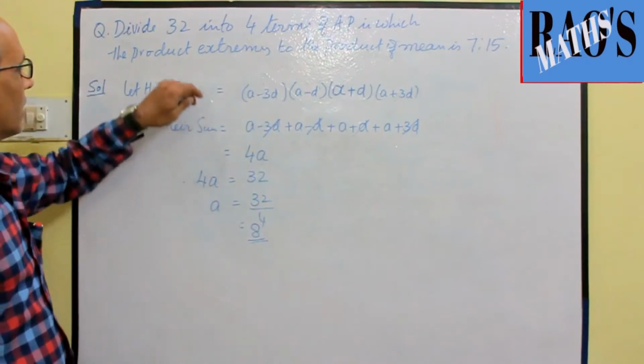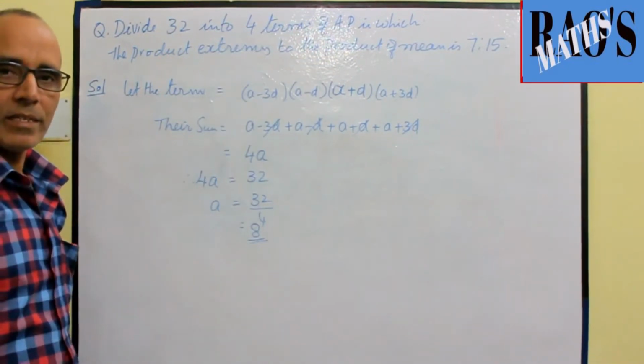Now by question, let's find the product of the extremes and means and also their ratio.